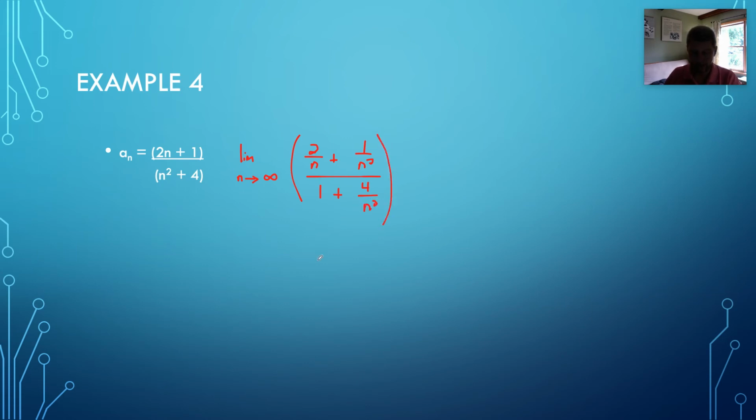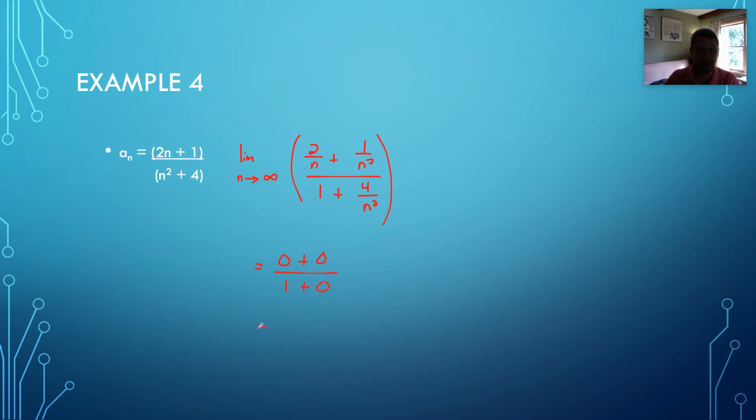Now, what does that mean? Well, the limit as n approaches infinity of 2 over n is 0, because 2 over infinity is 0. The limit as n approaches infinity of 1 over n squared is 0, so obviously the numerator is equal to 0. The limit of 1 is 1, and the limit of 4 over n squared is 0.